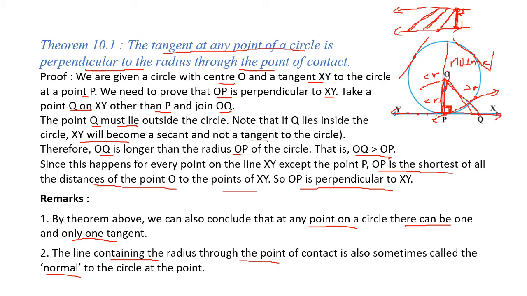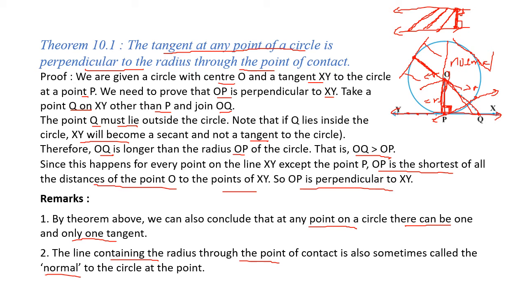Means, you can see in the diagram, this is the tangent. So when I draw a line perpendicular from this tangent, from the point of contact, I can draw many perpendiculars. I have to take the perpendicular from the point of contact. This is called the normal. And the normal will always pass through the center.